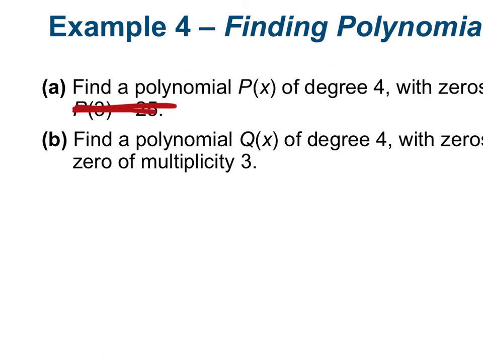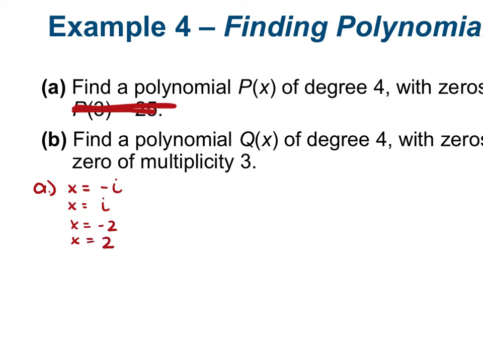So for A, we were told that we have zeros, so x is equal to negative i, positive i, negative 2, and positive 2. If we turn these into binomials, think opposite, put it in a set of parentheses with x.